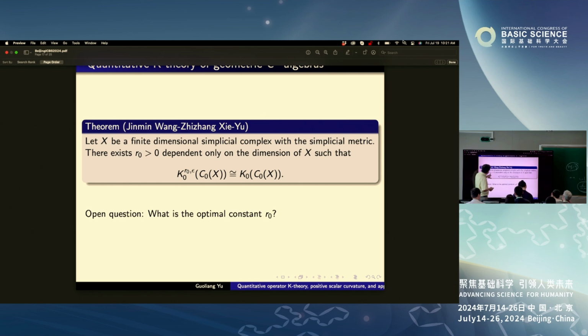So there exists a nonzero constant, which only depends on the dimension of X, such that usual K-theory can be realized with K-theory with quantitative control. This is a very elementary result.